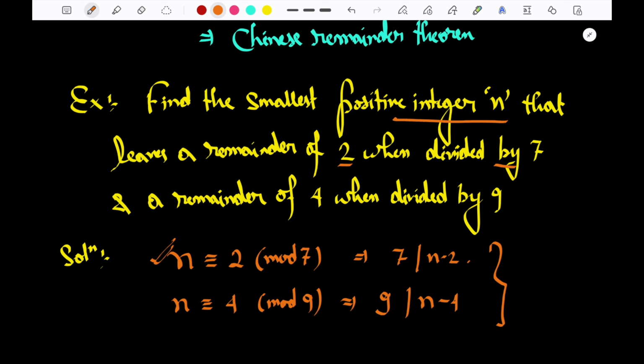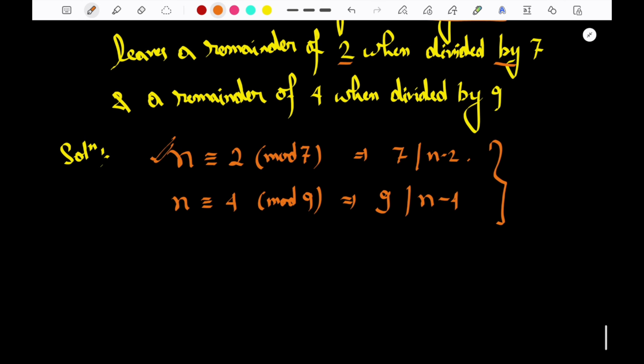Now how would we do this? Say here, 7 divides n minus 2 and 9 divides n minus 4. Now what is the way out? If you check, the difference of 7 and 2 is 5, and the difference of 9 and 4 is 5 again. So what is the smart strategy? That number 5 is always coming for both cases when I am subtracting.